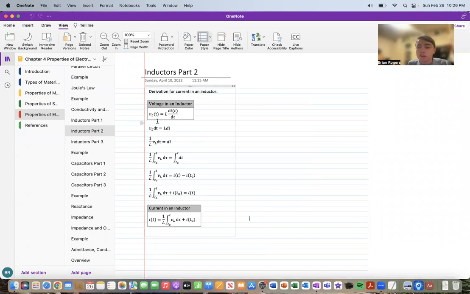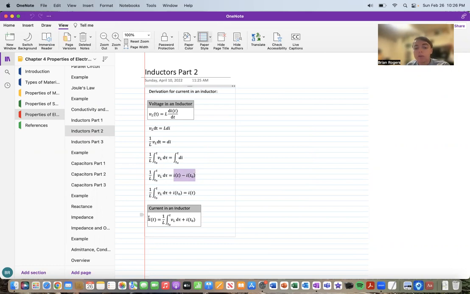And so for inductors, if you want to derive the current, what you can do is rewrite the voltage in an inductor, multiply both sides by dt, and divide both sides by L in order to just get di on one side. And then if you take the integral of both sides, you can rewrite it so that you get the current at time t minus the initial starting current.